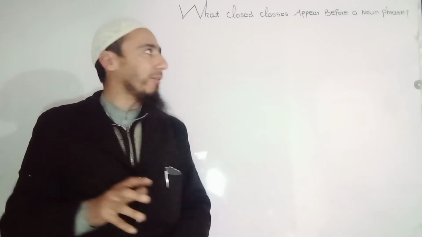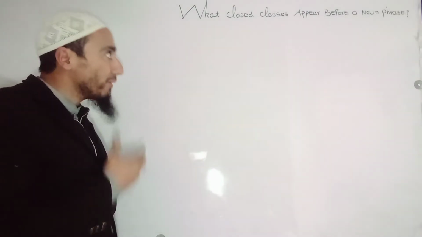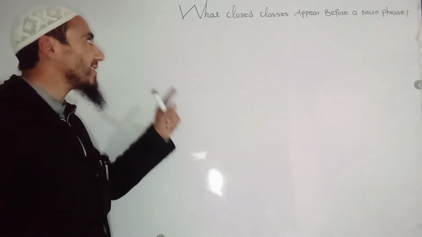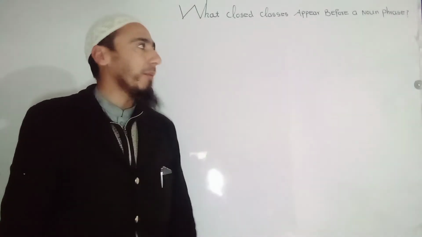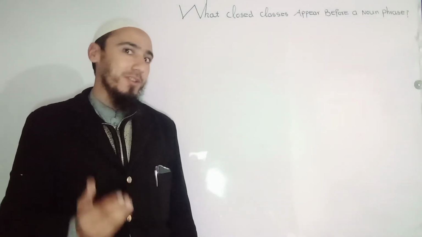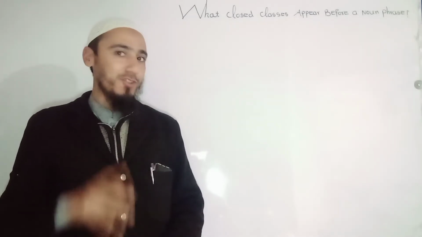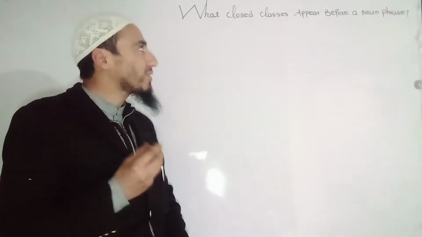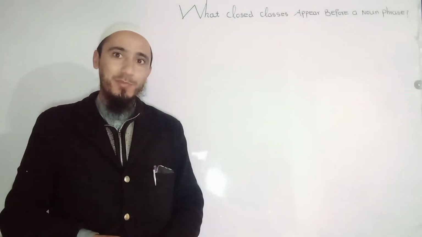Now, in today's lecture, I'm going to tell you more about noun phrase, and that is what closed clauses appear before a noun phrase. This is our topic which I'm going to discuss in detail.